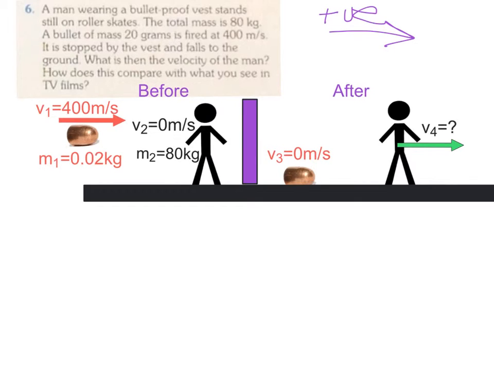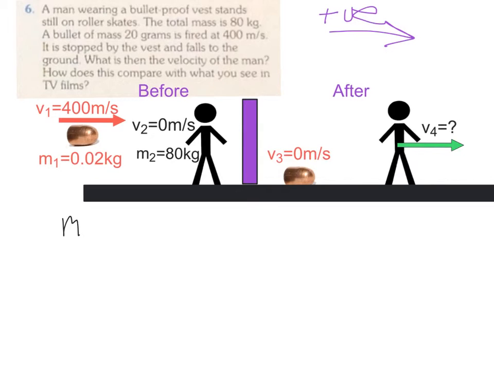So the conservation of momentum says that the total of the momentum before has to equal the total of the momentum after. So we can write an equation telling us what's going on there.